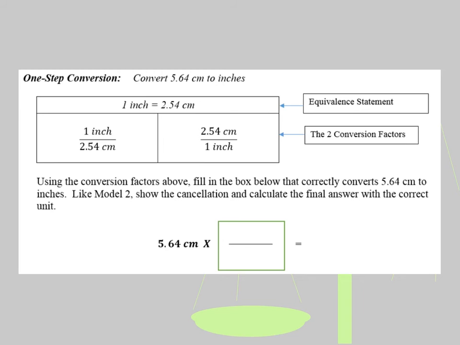So the correct conversion factor is 1 inch on the top and 2.54 centimeters on the bottom, and I cancel out my centimeters. Now when I do the math, I take 5.64 times 1 divided by 2.54, and that equals 2.22. Since I'm left with only the unit inch, the final answer is 2.22 inches.